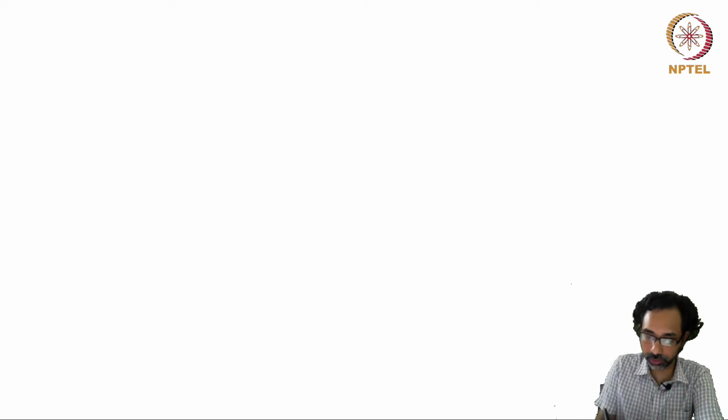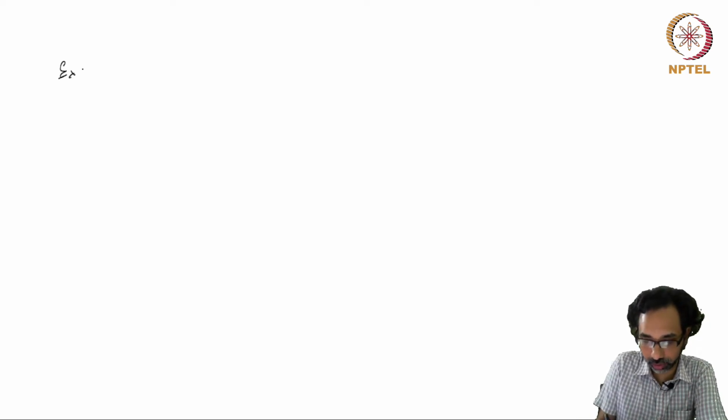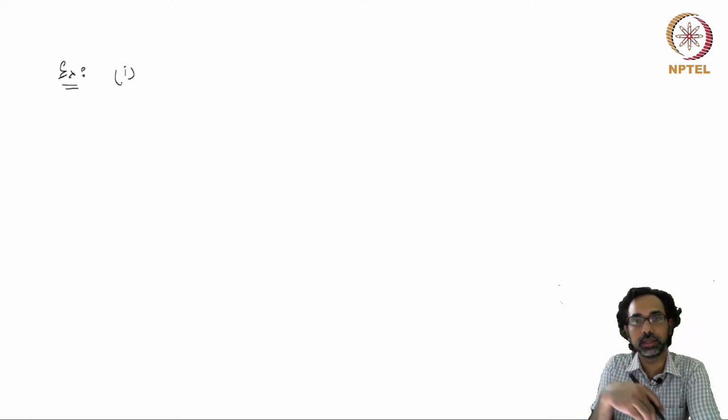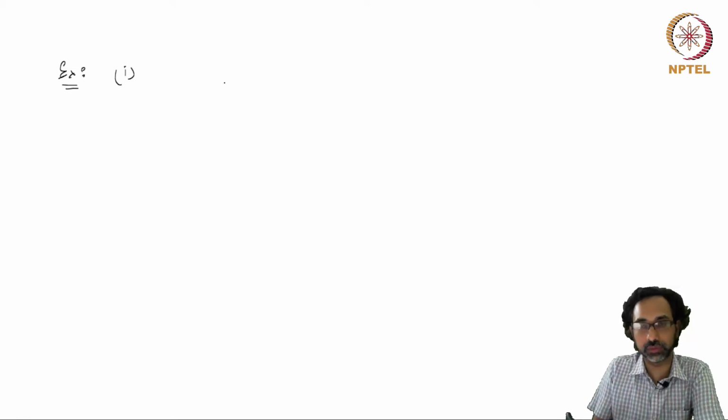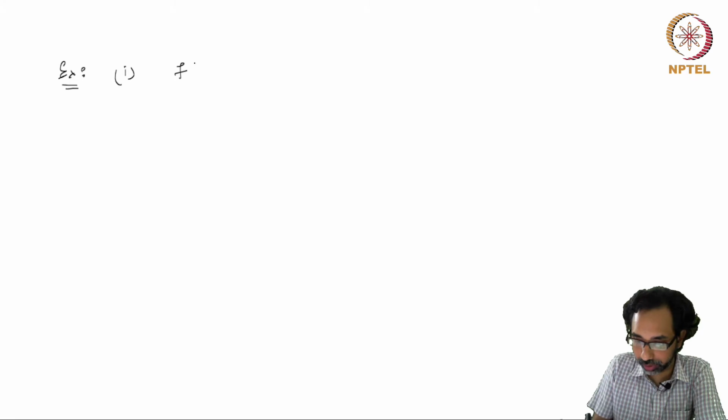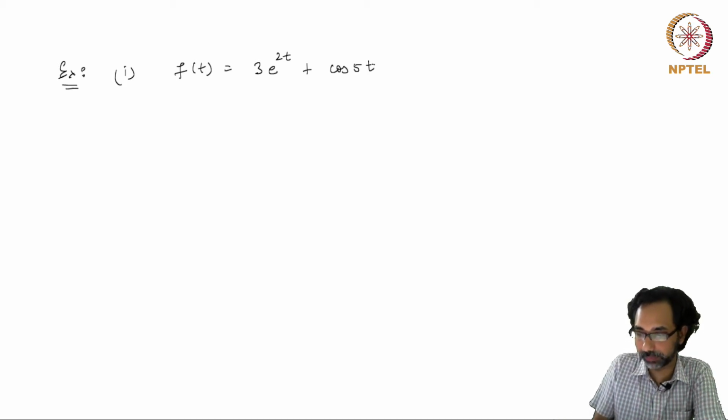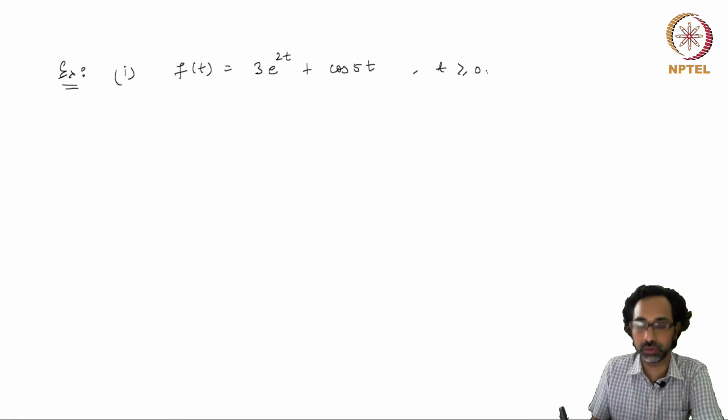Now let's try to compute an example using both linearity as well as the change of scale formula. So let f of t be 3 exponential 2t plus cos 5t for t greater than or equal to 0.